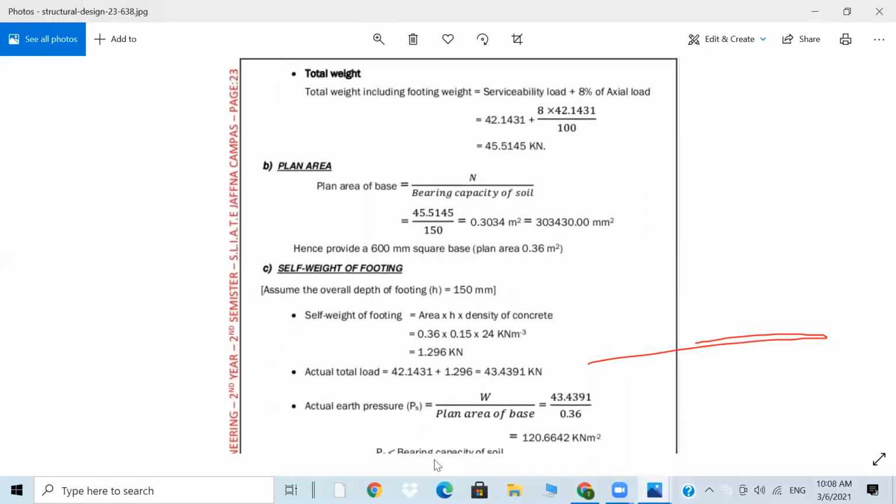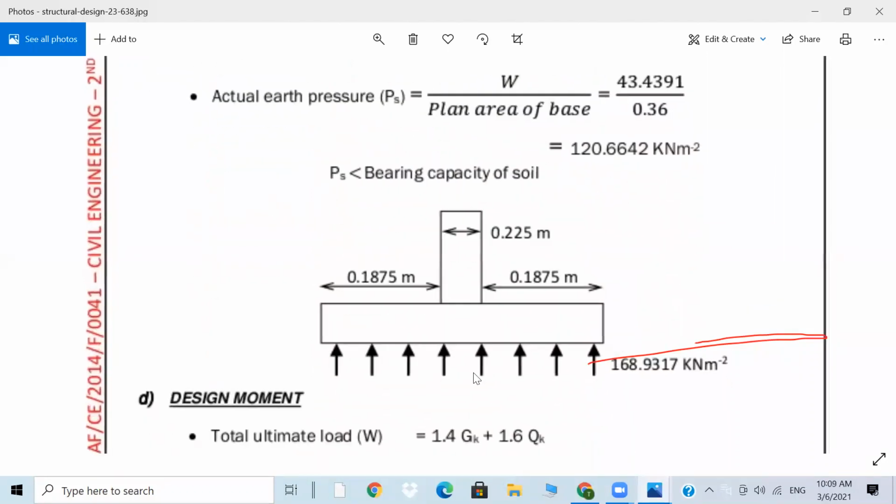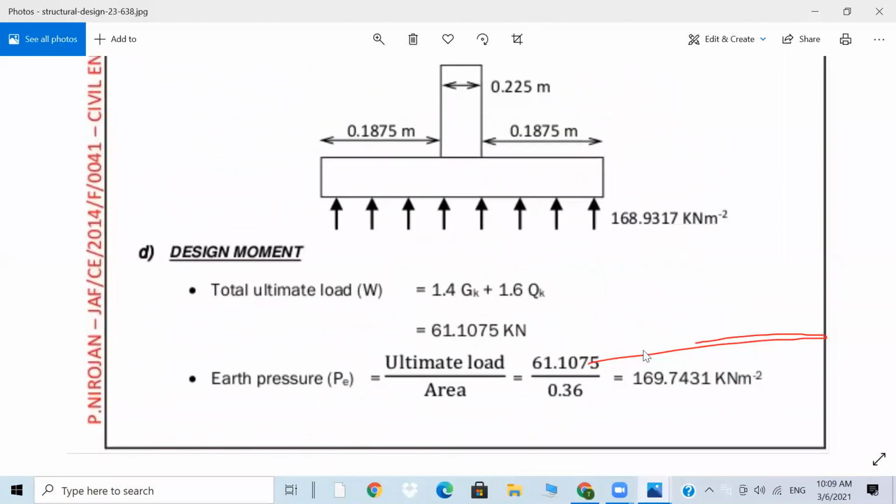Okay, so the total weight we have calculated. Then the plan area, self weight of the footing. So everything we calculated. Just going back, this one also has been calculated, like the design moment: the earth pressure will be coming 169. So we know that the depth for this one is 0.875.